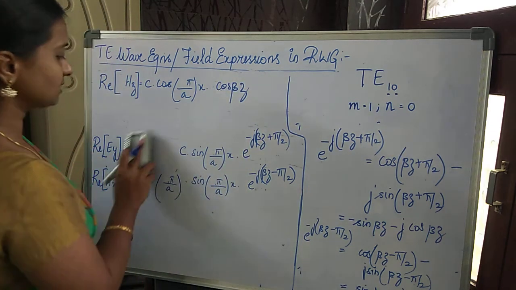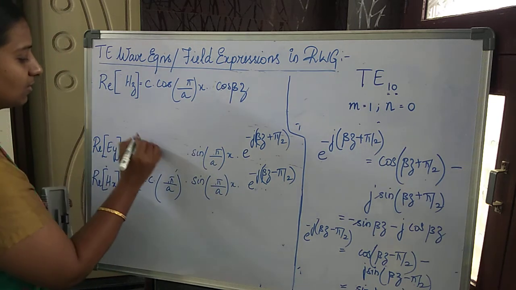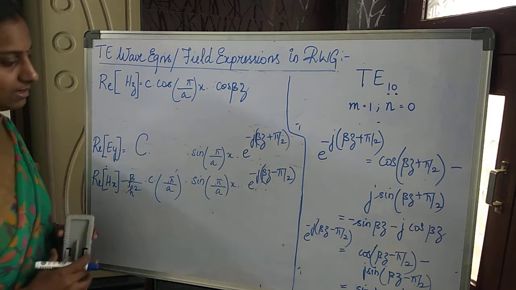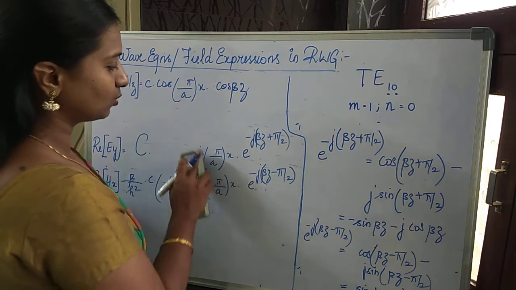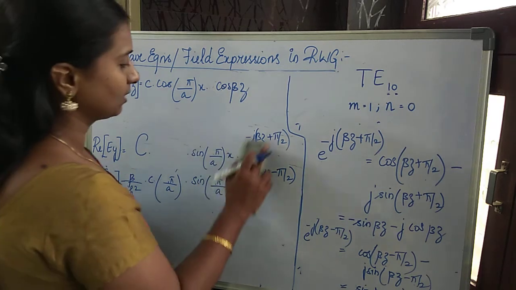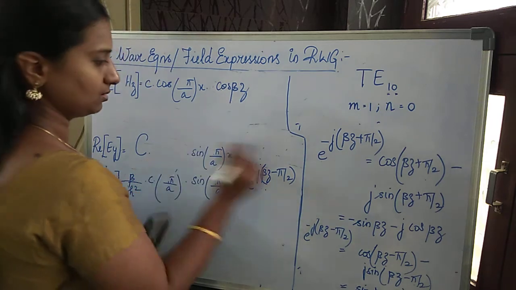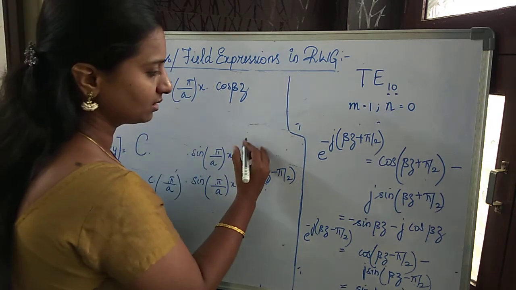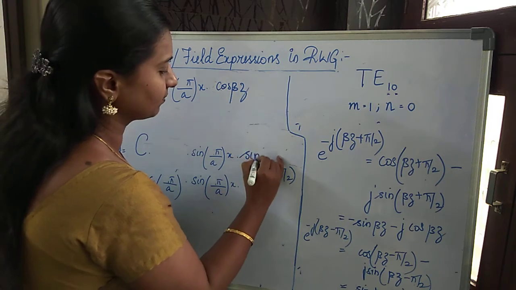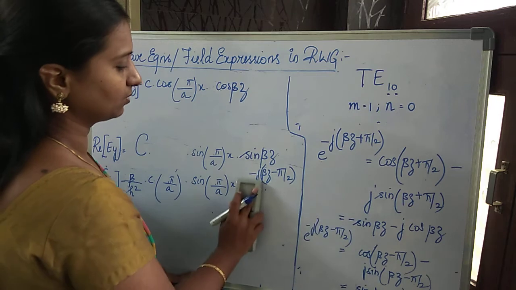So here this entire constant term, you take it as a single constant capital C for simplification, okay? Because I need what is varying, okay? So this real term is going to be, so minus sine, the minus all comes under the constant. So just take sine beta z, the real term, okay?